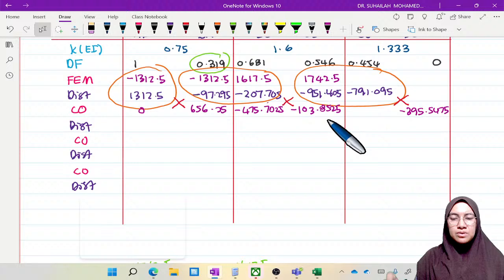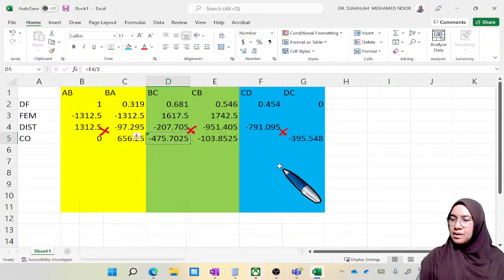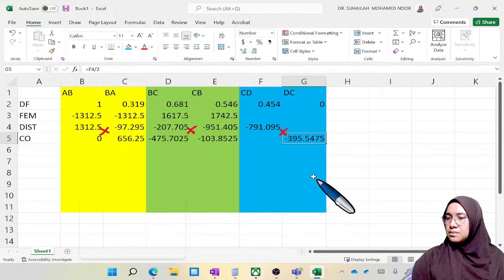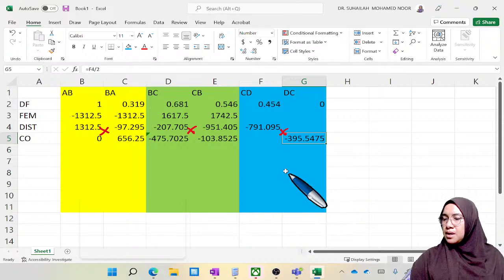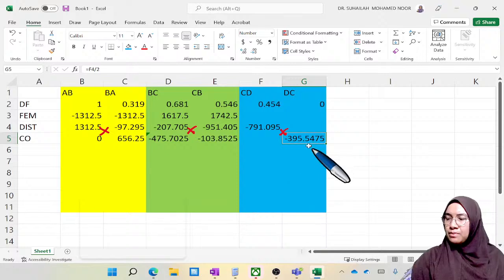So this one, 951.405 divided by 2 or times 0.5, we get 475.7025. Okay, and 791.095 divided by 2, we get 395.5475.